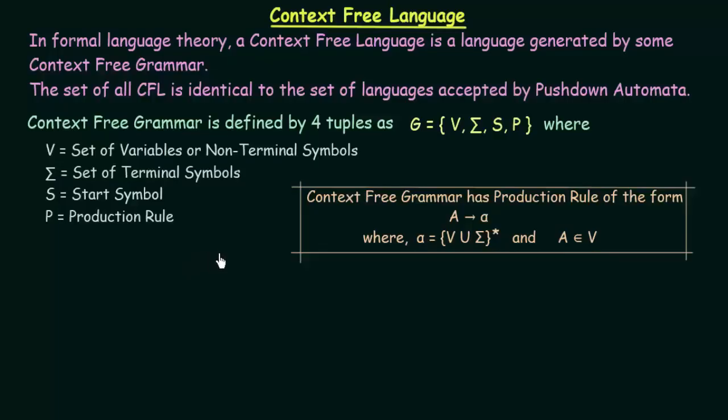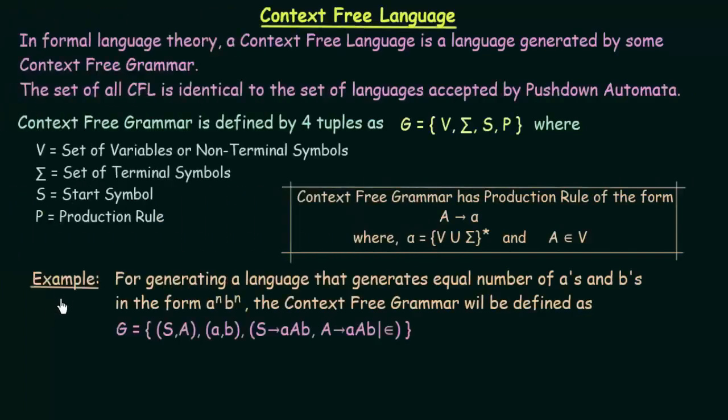Now let us take a simple example to understand it in a better way. For generating a language that has an equal number of a's and b's in the form a power n b power n, the context-free grammar will be defined as G equal to (S, A, B, P), where P is the production rule.